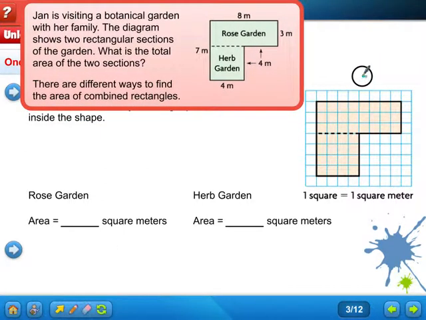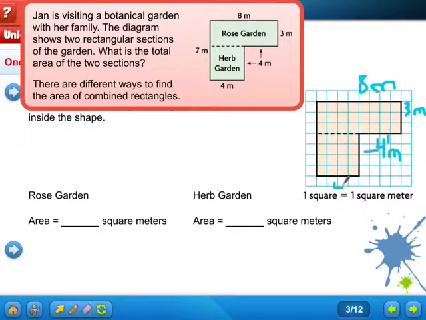We have 8 meters by 3 meters. Remember, you want to put your units. And then each of these is 4. That's what that arrow means. So that's 4, and that one's 4 meters.